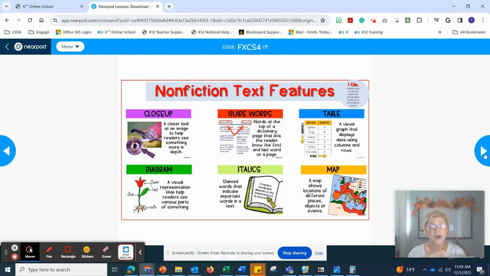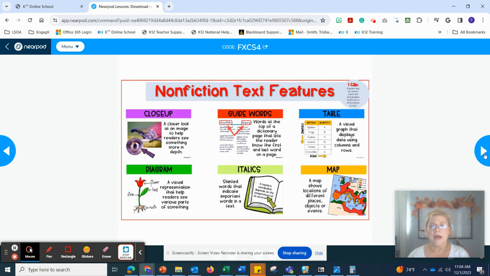And why do you think the author chose to add the picture of a close-up of the fish's skin? A couple of y'all came on the mic and shared, and you also put in chat, because maybe some people don't really know what that looks like. That would be a close-up, a closer look at it.